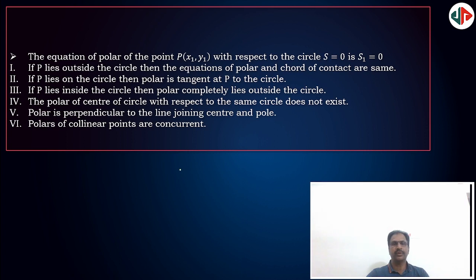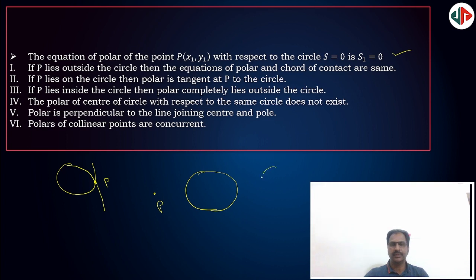Next, the equation of the polar of a point is S1 = 0. If point P lies outside the circle, then its polar and chord of contact are both the same. If P lies on the circle, the polar is nothing but the tangent.